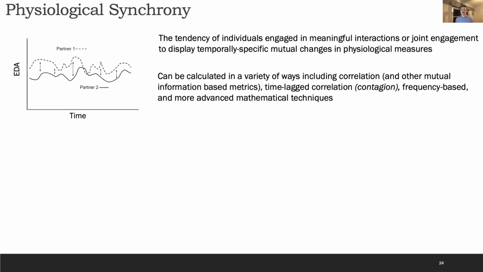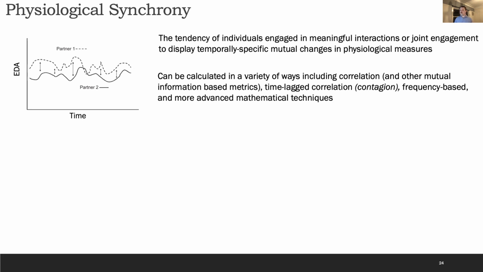And finally, I wanted to talk about what's very close to me and Stephanie's heart, which is physiological synchrony. Physiological synchrony is the tendency of individuals who are interacting or engaged in a joint stimulus to show similar changes in physiology. When we talk about physiology here, this can be electrodermal activity, respiration, EEG, or heart rate.